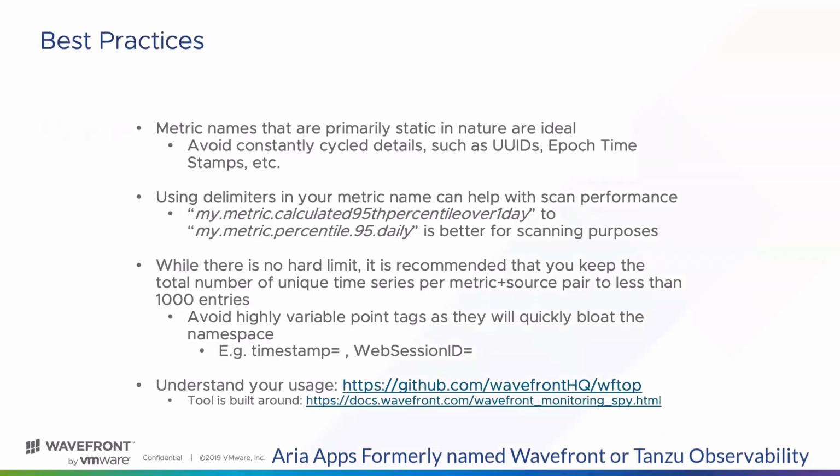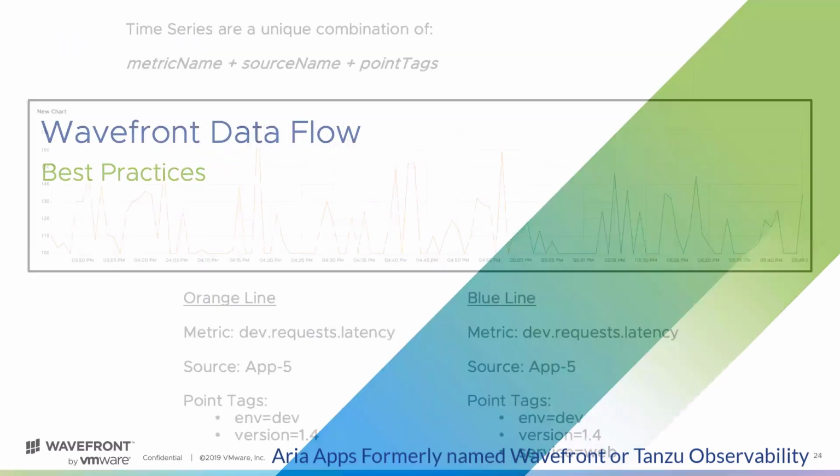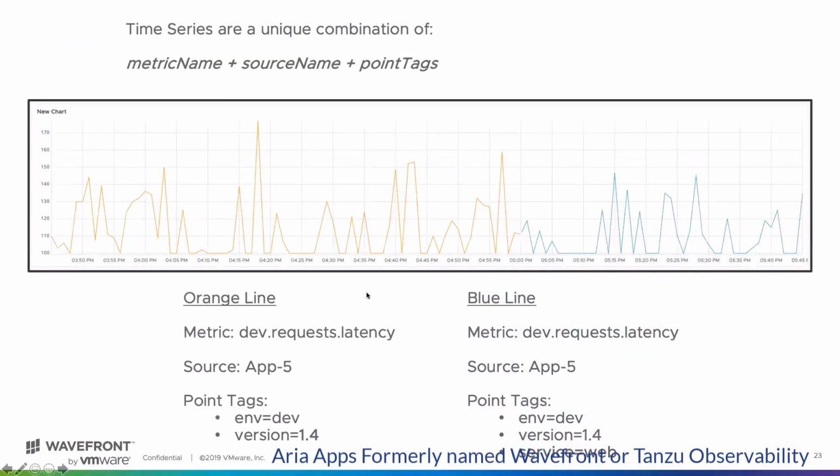So in that previous example, or the data we were looking at, we had dev requests latency as the metric and app5 as the source. That is a time series. If I graph dev request latency filtered to app5, although there's two time series over time here, there's basically just one time series at any given time.